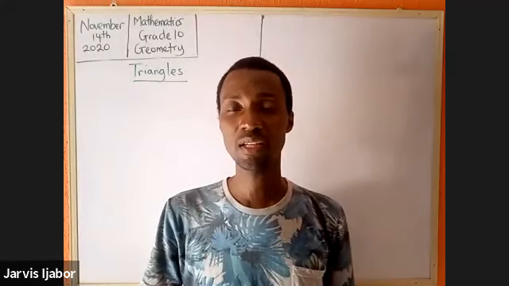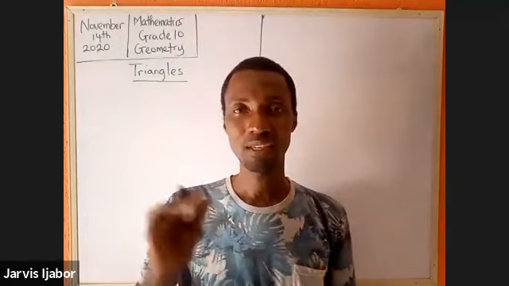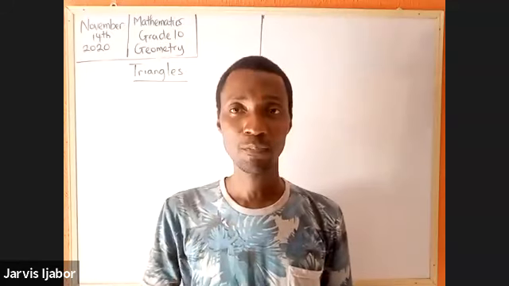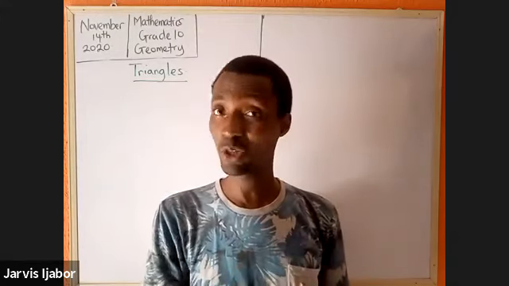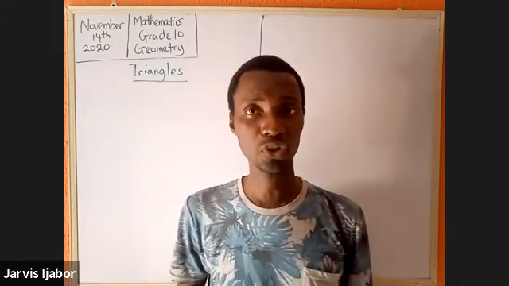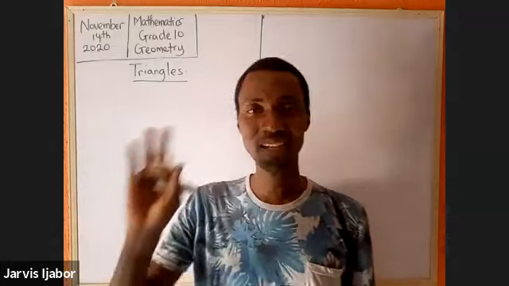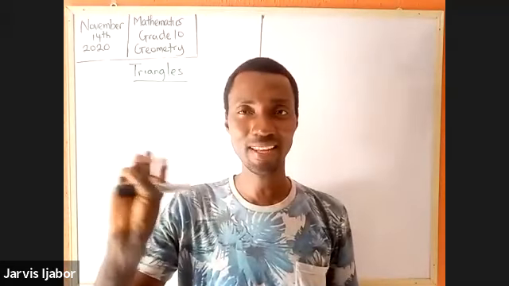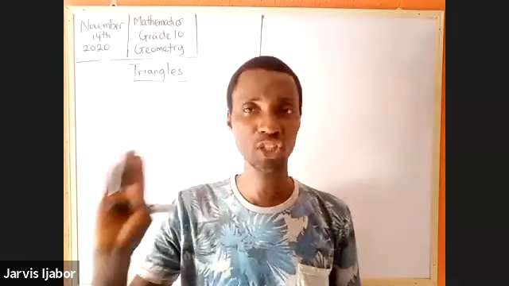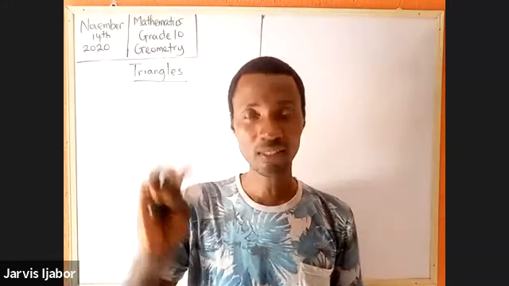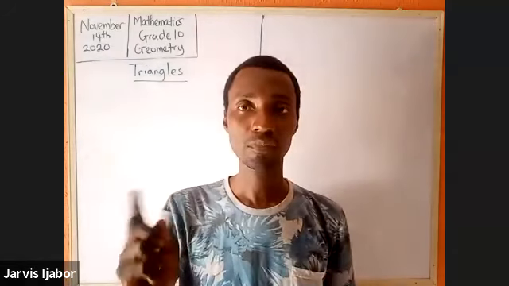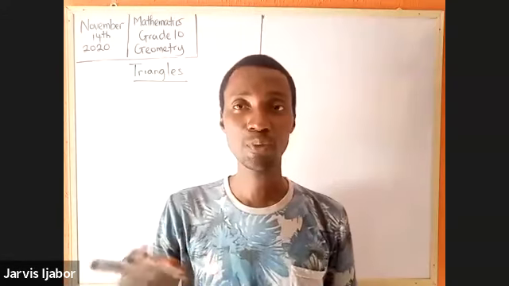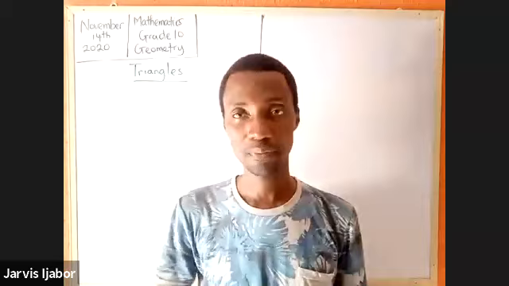And whether you're treating geometry in mathematics at grade 8 or geometrical construction in basic technology, we've established that there are three key ideas that make up any shape: the concept of a point, the concept of lines, and the concept of what? Angles.